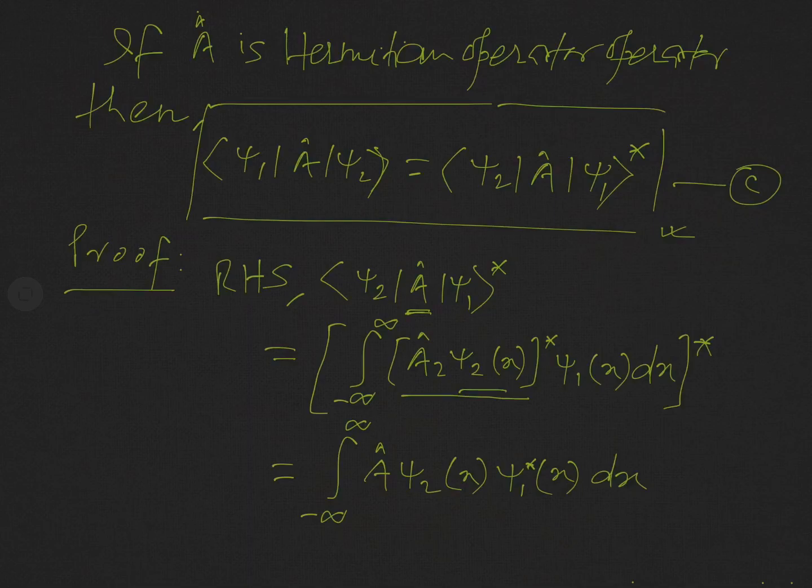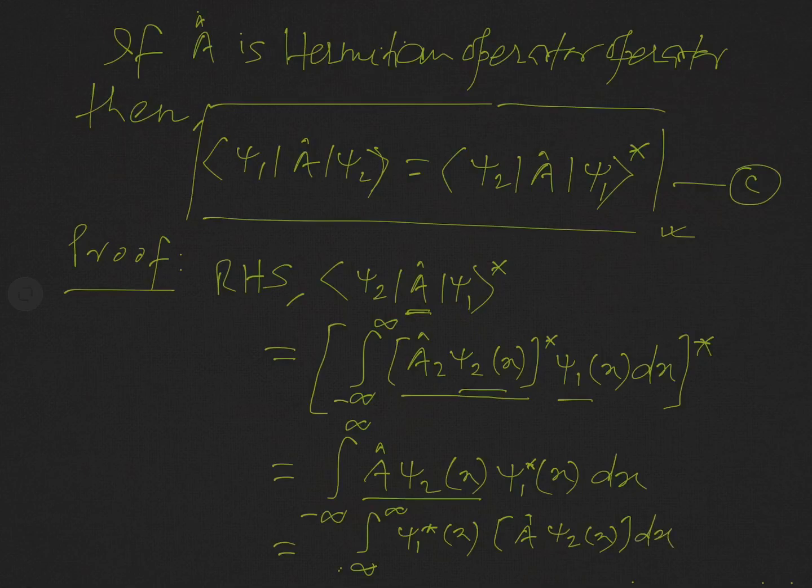Then we know this will be the real value, and psi 1 of x complex conjugate will be psi 1 star of x. And now we will write it as integral minus infinity to plus infinity. First of all, write psi 1 star of x and A hat psi 2 of x dx.